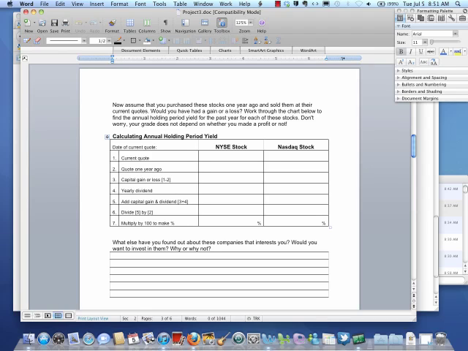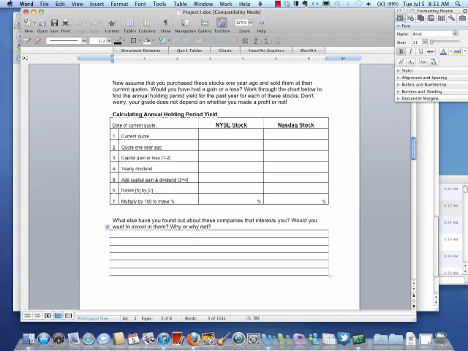Add the capital gain or loss together. Then you take the answer here in 5 and divide it by your quote 1 year ago, okay? And then you multiply that by 100, and that's what you find for your return. And then you'll have to be sure and put something else about your company that you want to find.